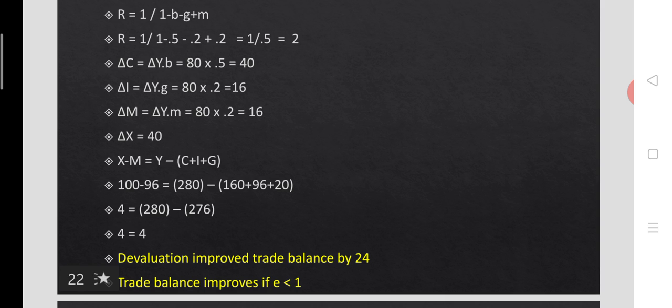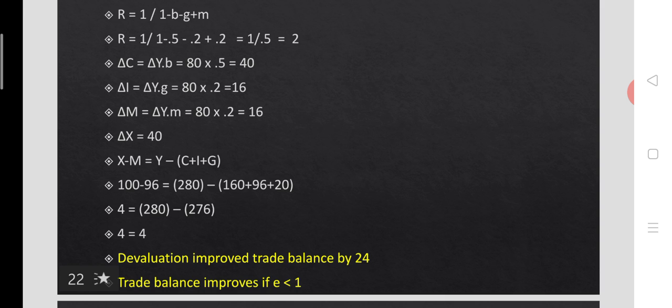And generally devaluation will increase the export, and when export is increased, income will increase by a value that depends on the foreign trade multiplier. When income is increased, consumption will increase, depending on the marginal propensity to consume.